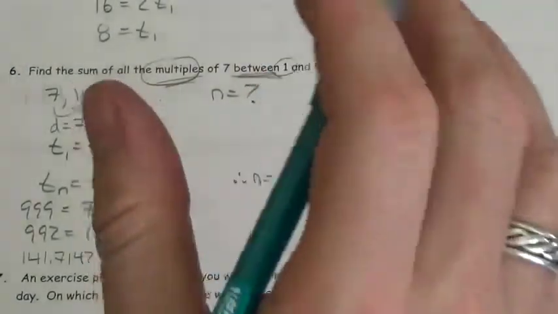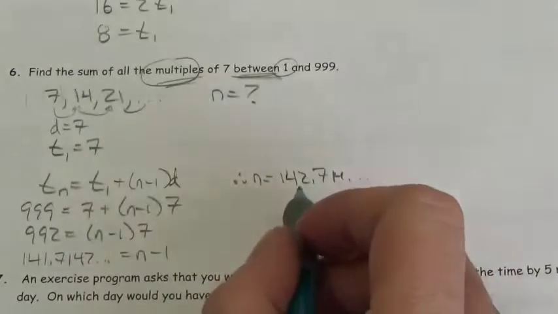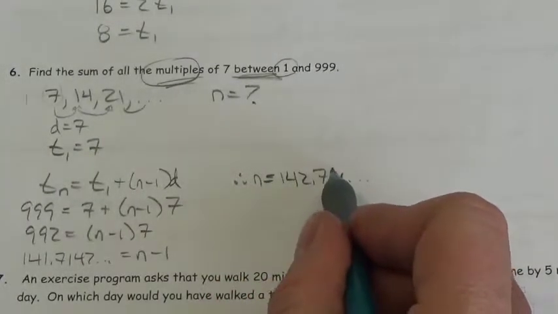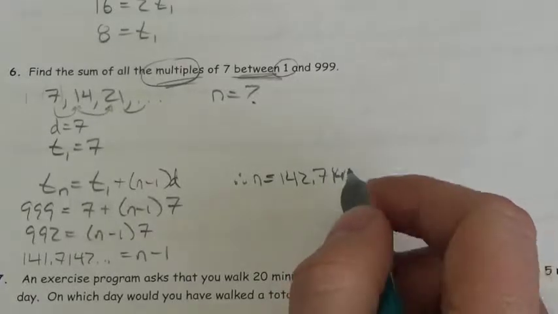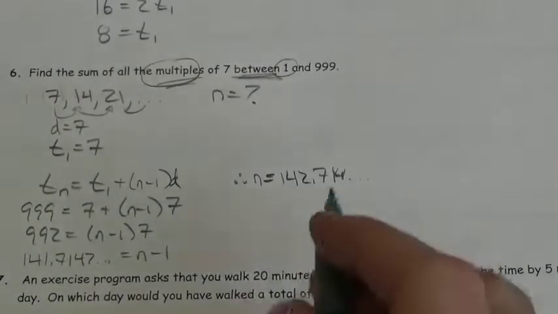Okay, well, it doesn't make sense for us to have an n value equal to some decimal number. We don't count terms in the sequence like this. We don't go, this is term 1, this is term 2, this is term 2.5, this is term 2.6. We don't do that.